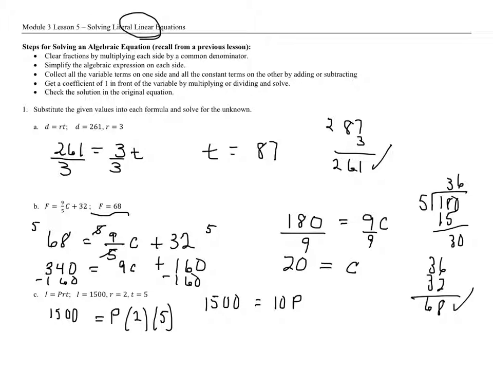I'm going to divide both sides by 10. So P is equal to 150. Yay! So there you have it. 150 times 10 is 1500. Let's move on to the next.